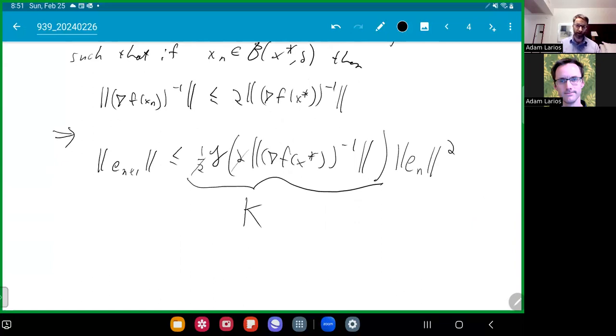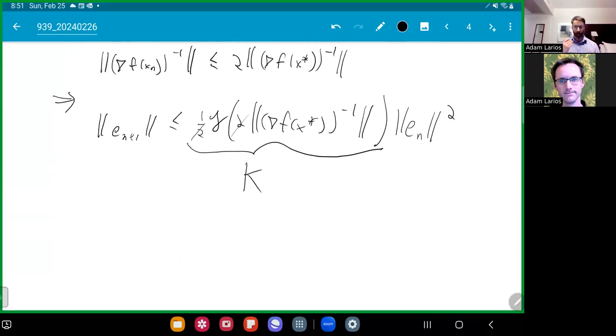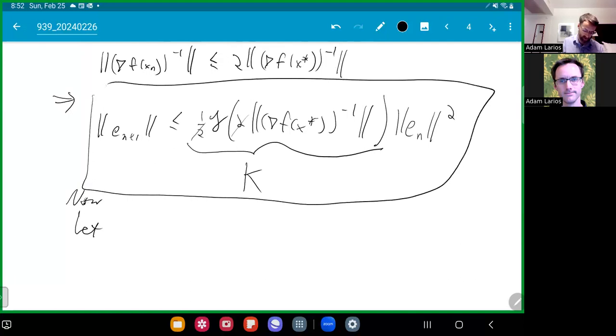If you want to see that it actually converges, right? How does this actually show convergence? This was kind of the main piece, but now you can let x sub 0 be in this ball at x star with radius delta.